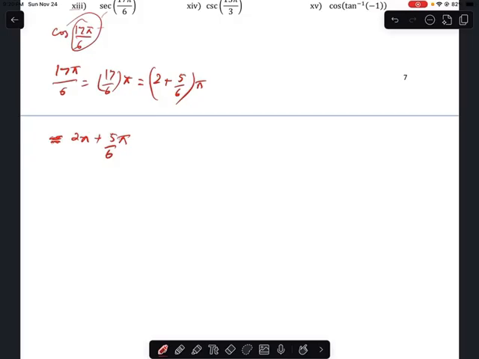By this division, I can write 17 over 6 as 2 plus 5 over 6, in parentheses, pi. When I distribute, this will be 2 times pi plus 5 pi over 6, or 5 over 6 pi.